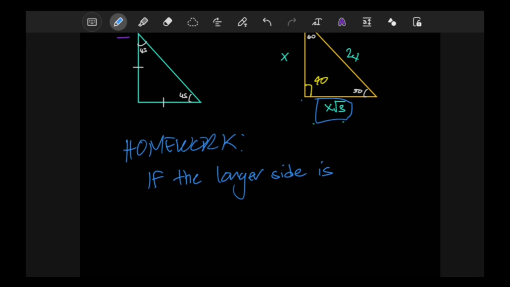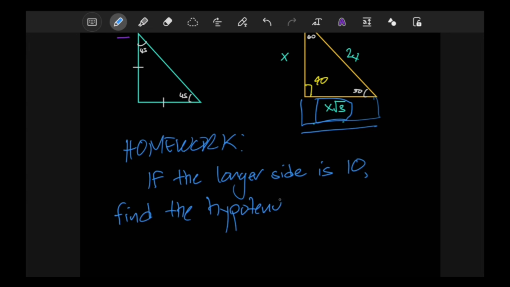Okay, this is the longer side, to take note, this is the longer side. Okay, this one is 10, find the hypotenuse and the shortest side.